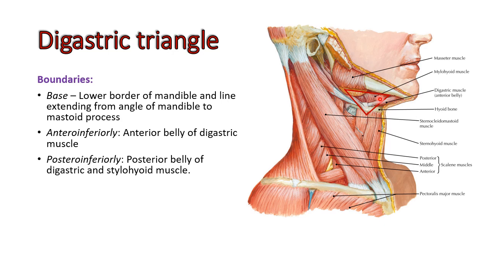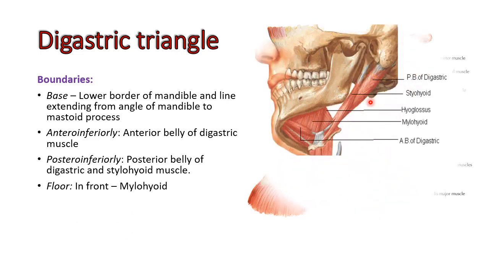The floor of the triangle is formed by two muscles, the mylohyoid and the hyoglossus. The roof is formed by skin, superficial fascia, platysma muscle, and the investing layer of deep cervical fascia.